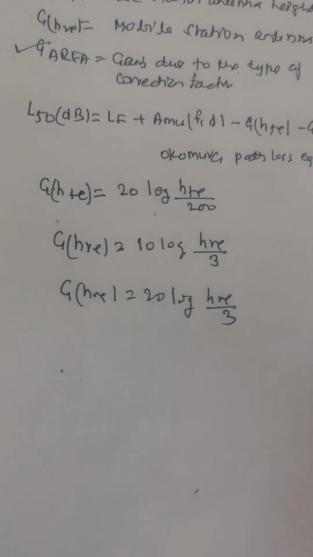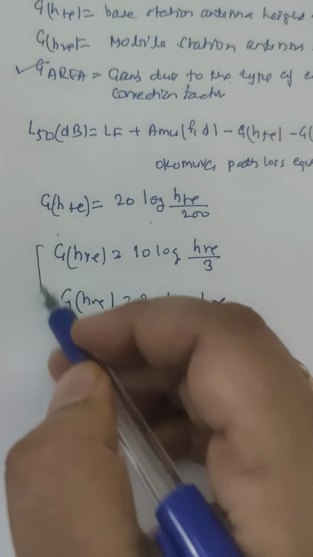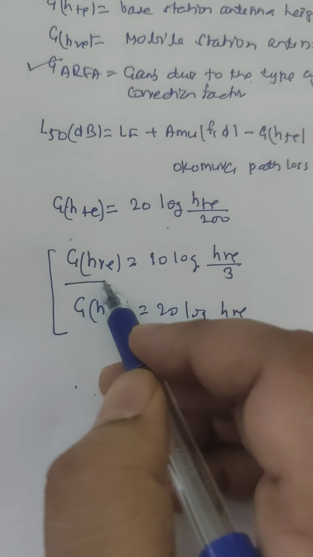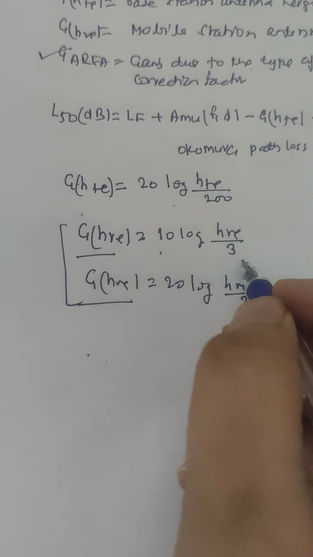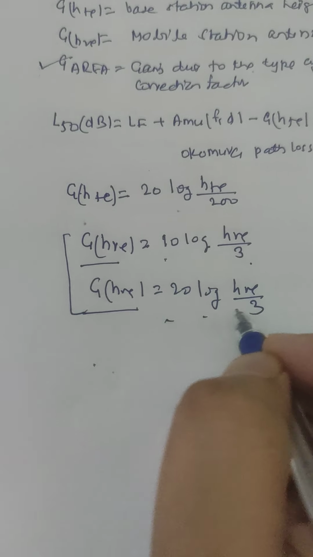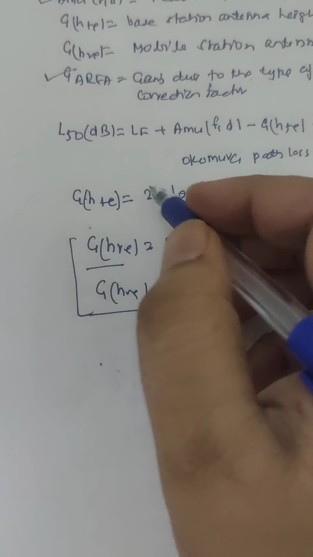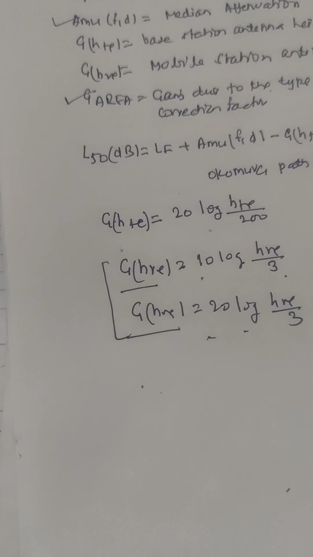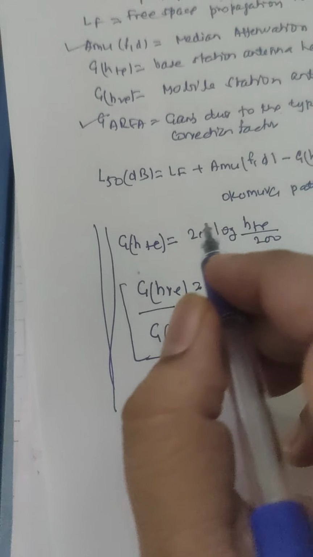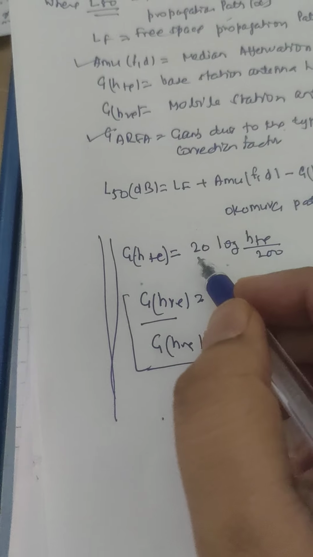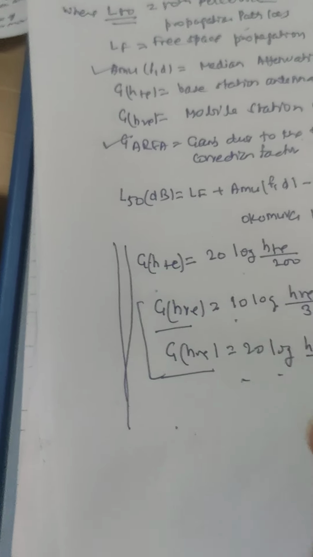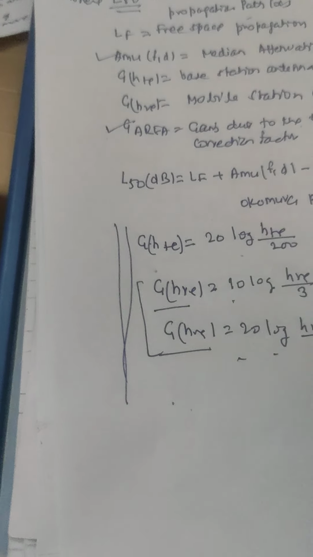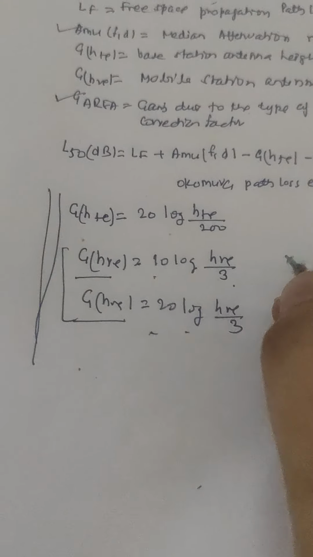Here one thing is, we have two values of G of HRE. One is 10 log HRE by 3 and another is 20 log HRE by 3. So the gain factor is affected by 20 dB per decade for HTE, and HRE is affected by two constants.